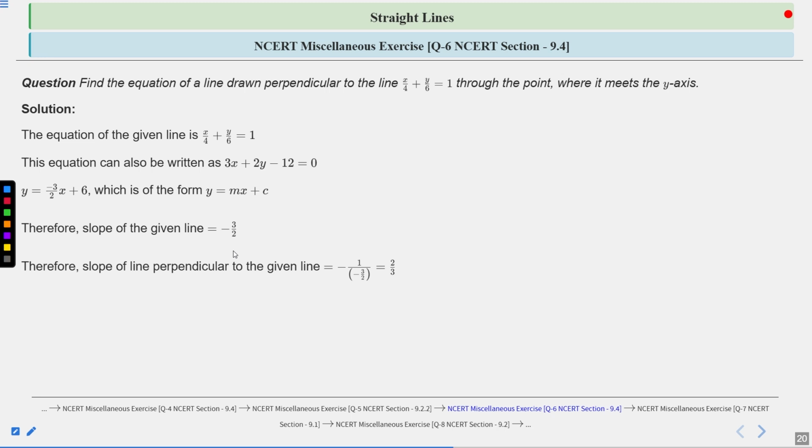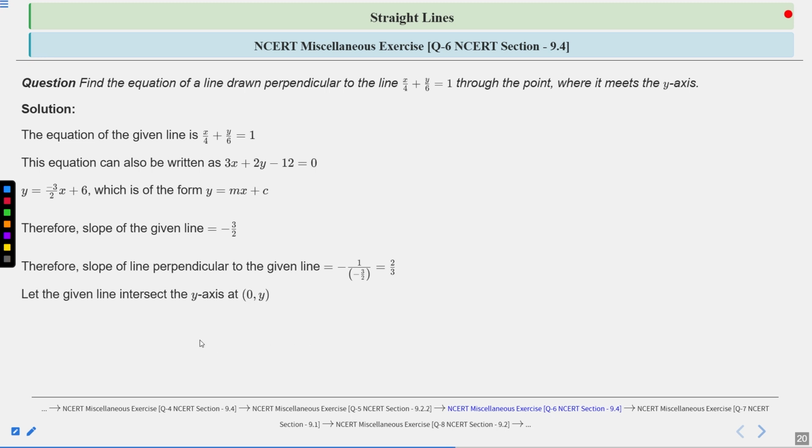That means the slope of the line perpendicular to the given line is basically the negative reciprocal of the slope of the given line. So therefore the slope of the line perpendicular to the given line is minus of 1 over minus 3 by 2, which simplifies to 2 over 3.